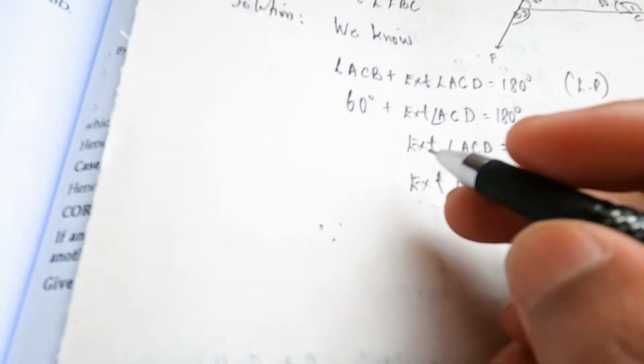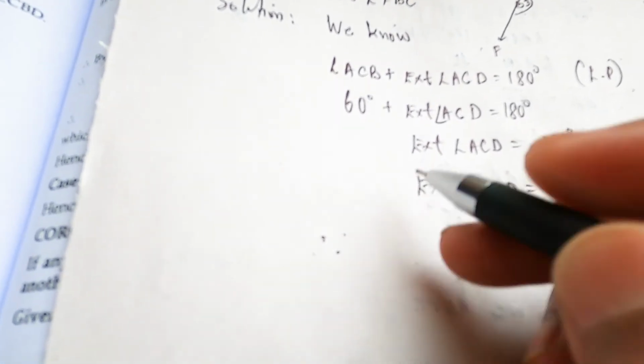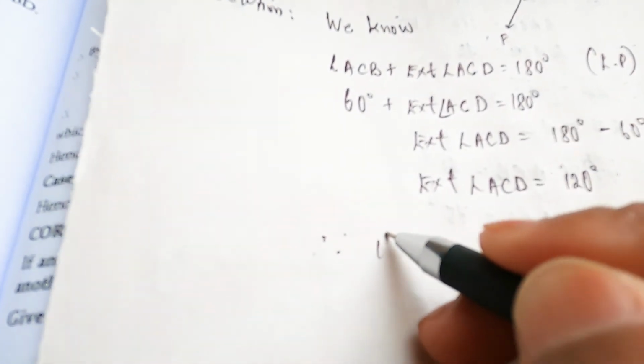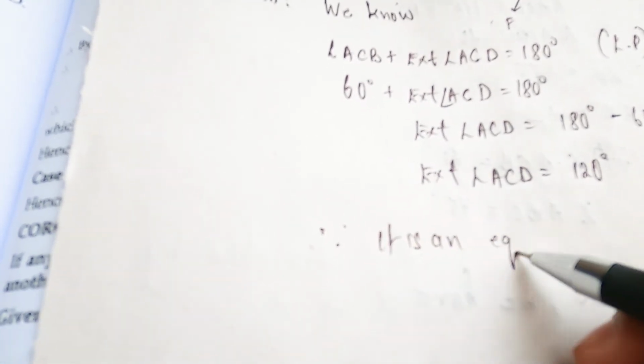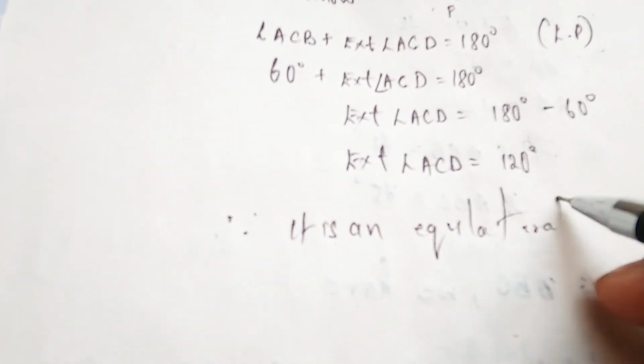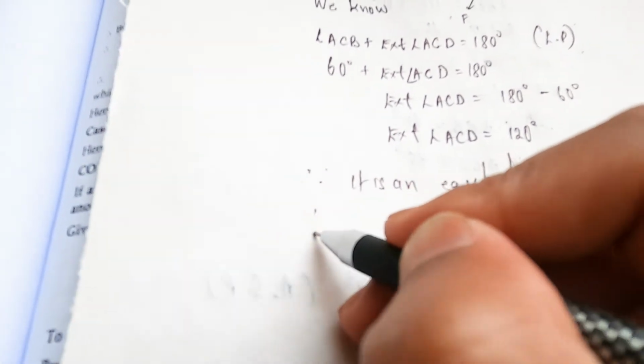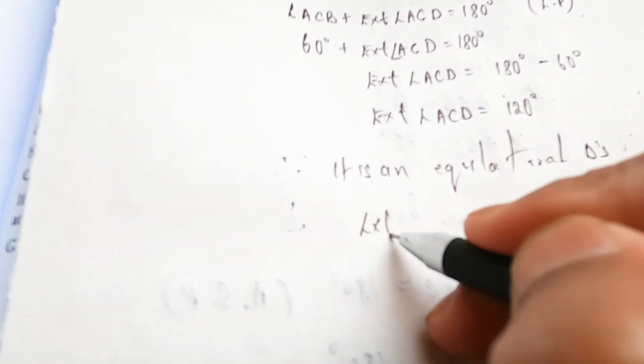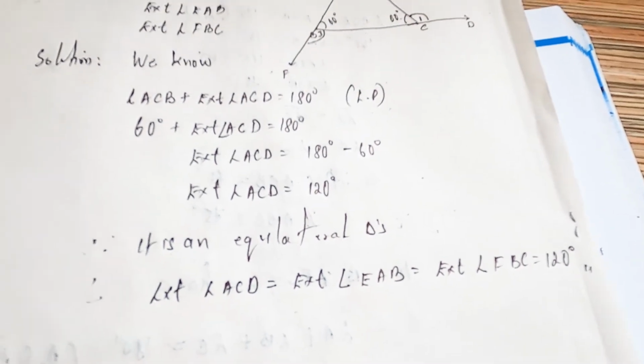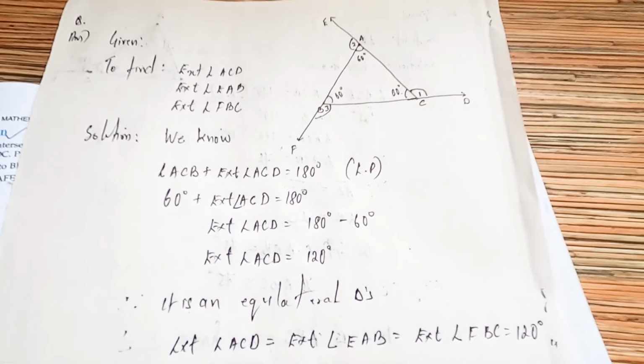So therefore you write here since it is an equilateral triangle, so therefore exterior angle ACD is equal to exterior angle EAB is equal to exterior angle FBC is equal to 120 degree. All right, so this will be your answer.